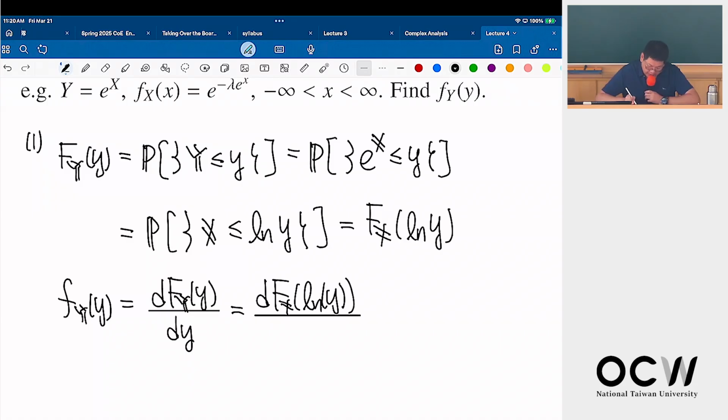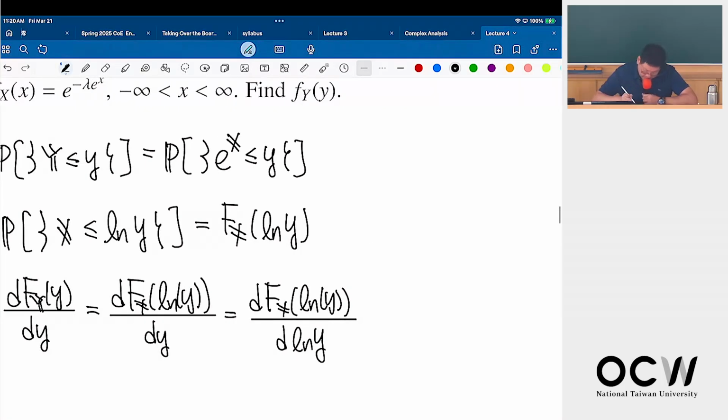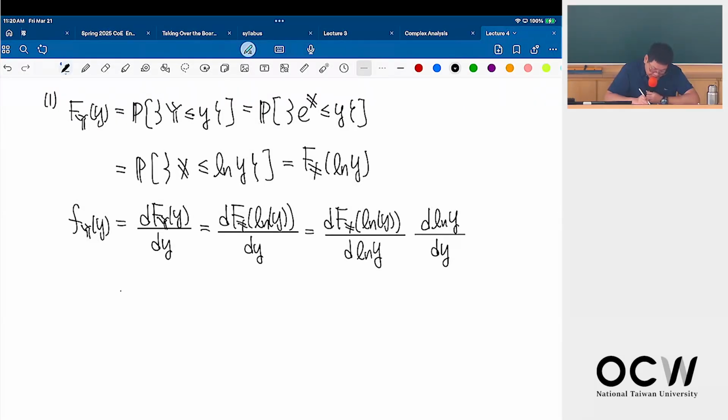Then to get your PDF, you take the derivative of your CDF. And then you also need to use the chain rule. So here it is, the chain rule. That gives you first the PDF of x at natural log y.